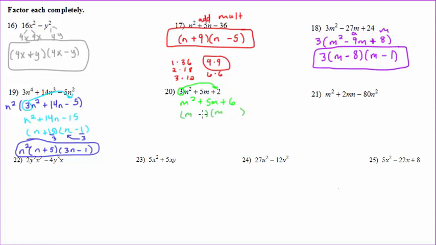Multiplies to get 6, adds to get 5 should be 2 and 3. I slid. Now let me divide by 3. So the first parentheses will be 3m plus 2. The second one will just be m plus 1.